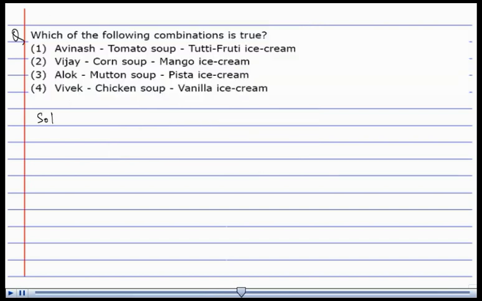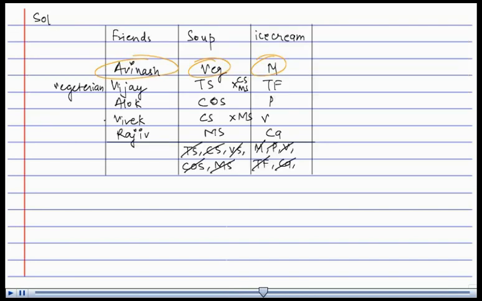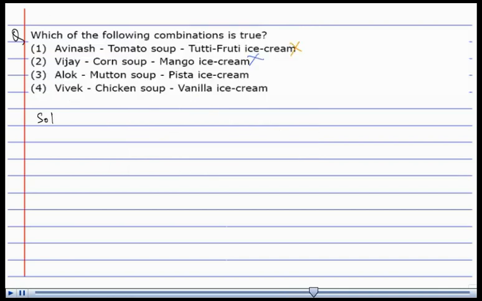So, this option is incorrect. Option number 2, Vijay, corn soup, mango ice cream. That means Vijay ordered tomato soup, not the corn soup, and the ice cream ordered was tutti frutti, not the mango. So, this option is also incorrect.